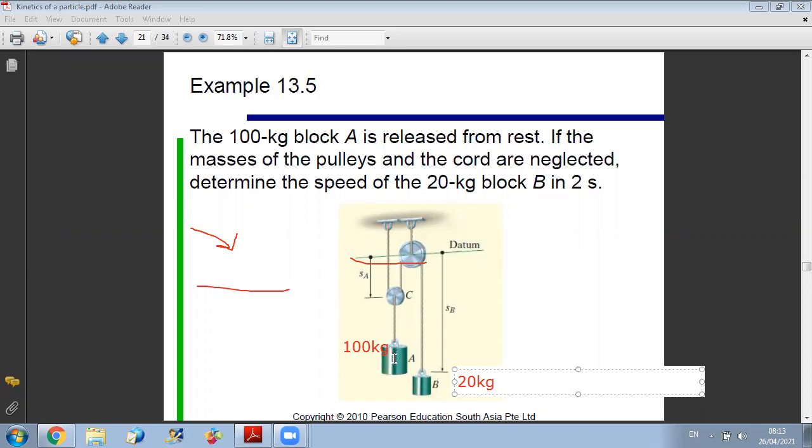But since at A you have a weight higher than 40, block A will move downward and will induce an upward motion of block B. Okay? So you can expect that AA will be positive and AB will be negative. And when you do the solution, you will see this.